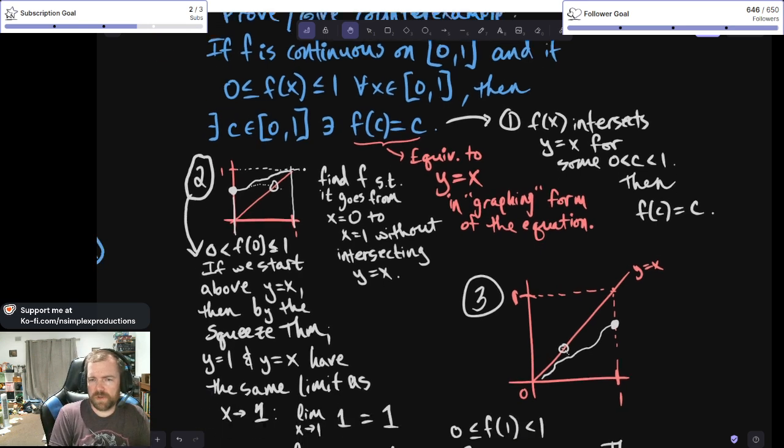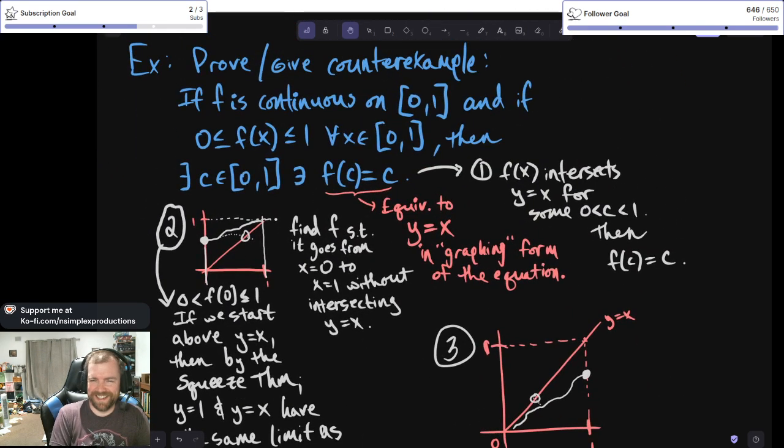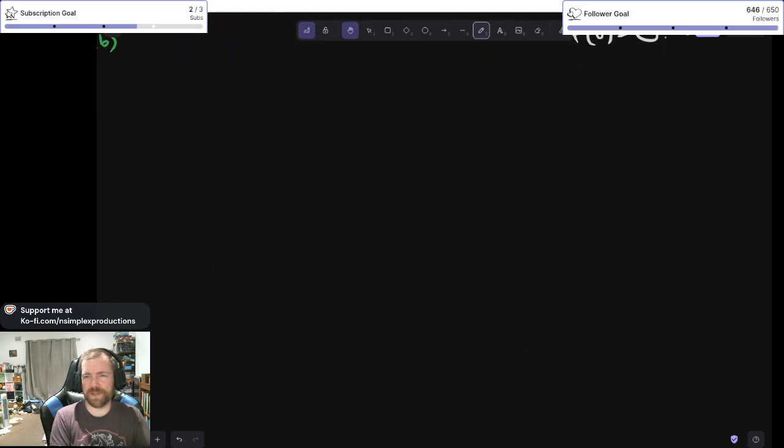So this appears to be a slightly ham-fisted way of doing it. The book came up with a much nicer version.